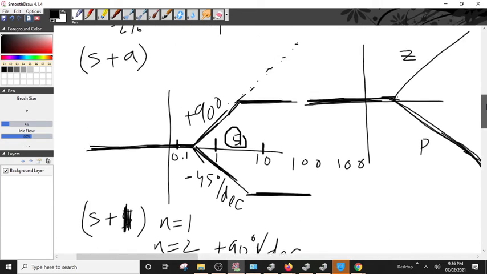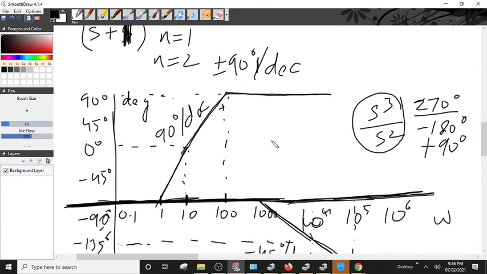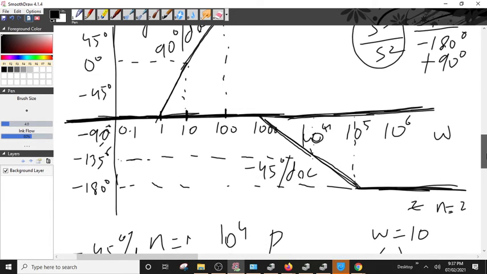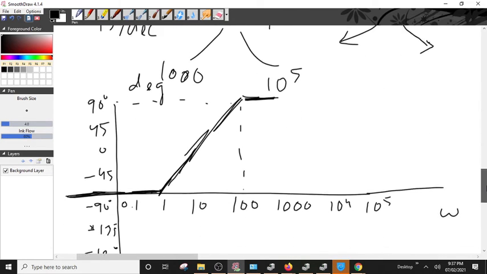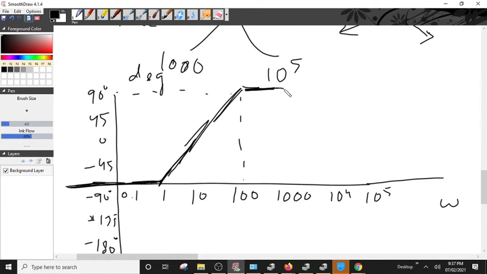We have no lines in this region, and after this another line started which is minus 45 degrees per decade, which starts at 1000 and ends at 10 power 5, right? So minus 45 degree per decade means that from 1000 to 10 power 4 it should decrease by 45.